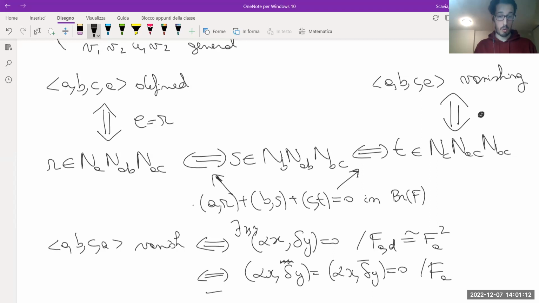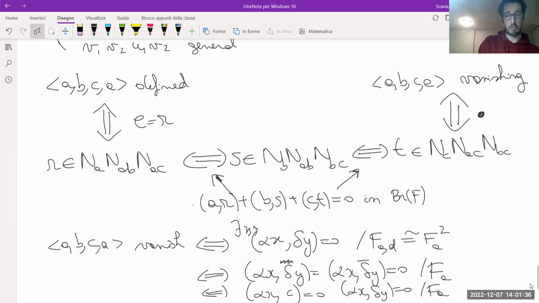Then, if you want, you can sum them. Since the norm of delta is equal to C, you can sum these two and get alpha C equals 0, and alpha x delta y equals 0 over FA. Then you have to work on each of these separately.